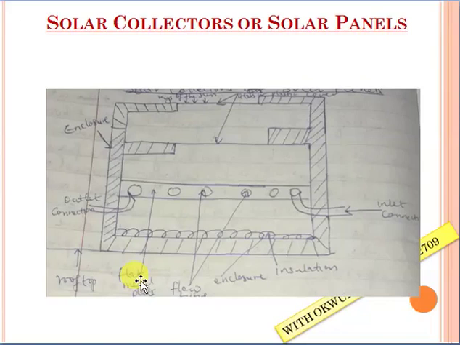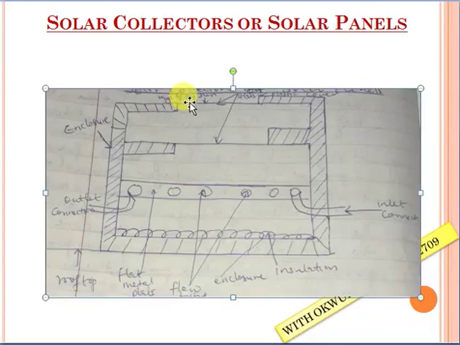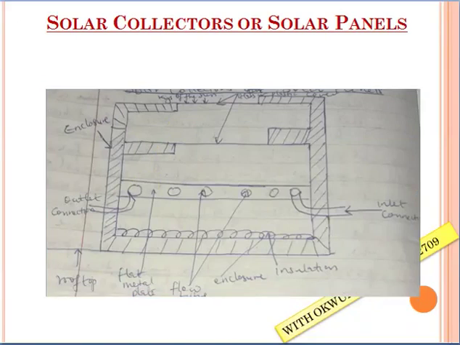They are made of good conductors, like copper or aluminium. They receive the shortwave solar radiation from the sun in form of rays, and when they receive it, they absorb it.